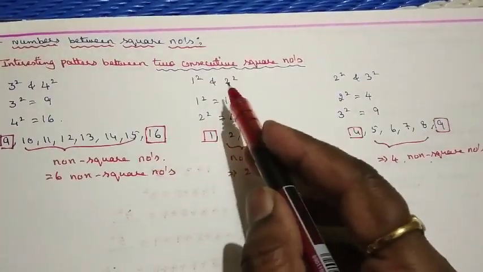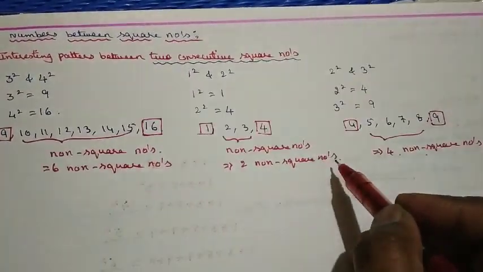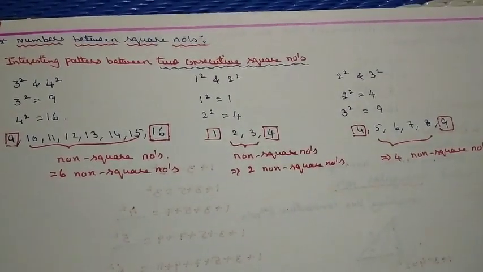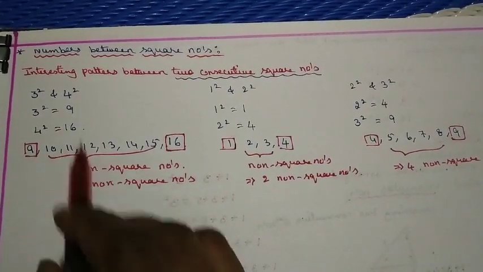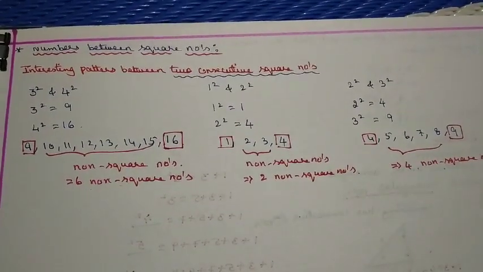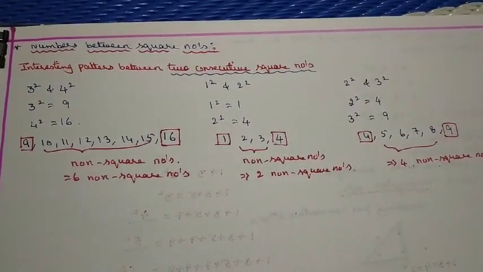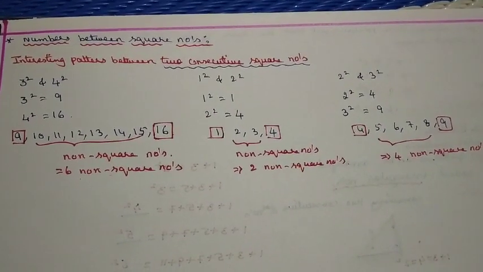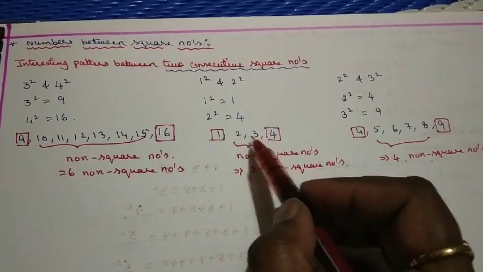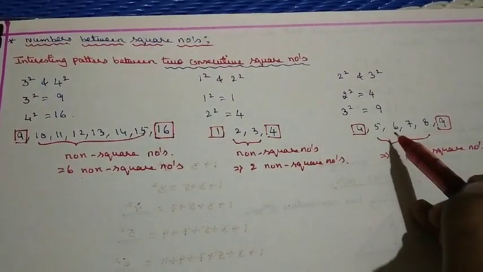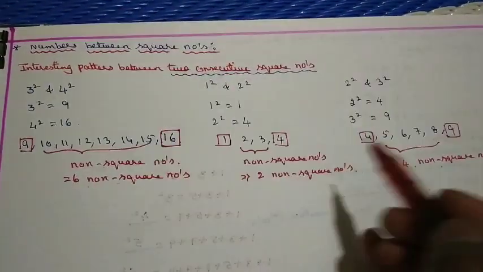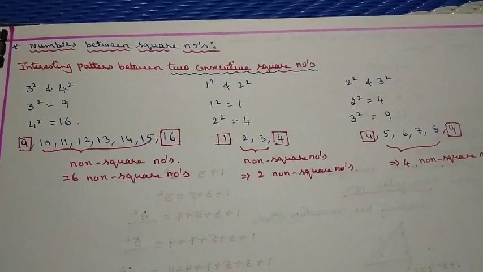From 1 square to 2 square, we have 2 non-square numbers. From 2 square to 3 square, we have 4 non-square numbers. From 3 square to 4 square, we have 6 non-square numbers. So from this, we can observe that the non-square numbers are in the form of multiples of 2.